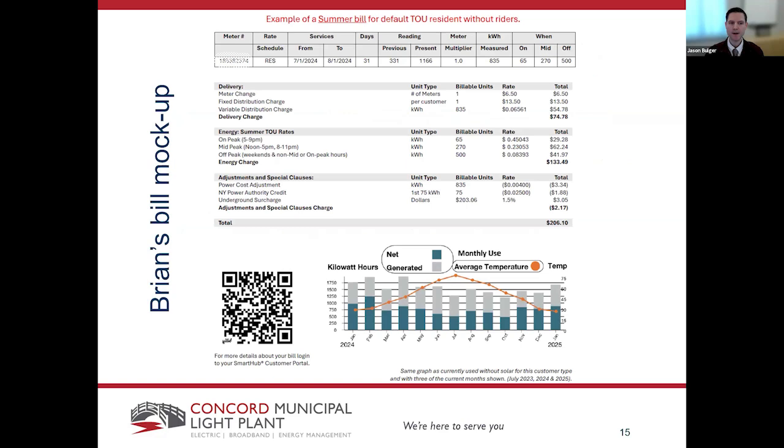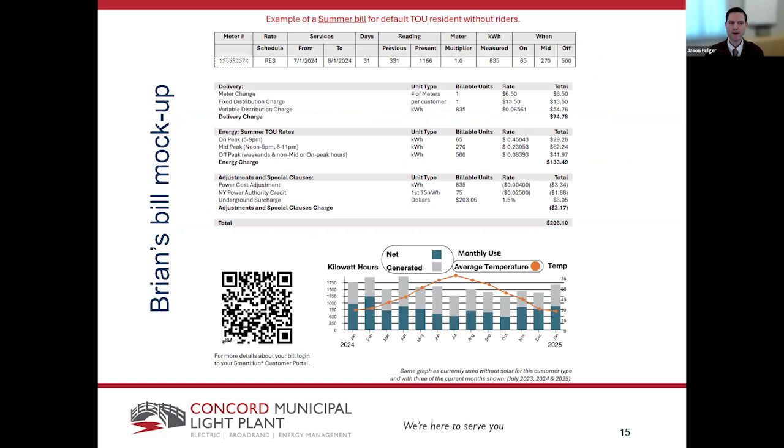And based on previous conversations with the board, I separated out the meter fee. So you see the 650 and the 1350 add up to the $20 meter fee that we collect today. So if someone has a second meter installed, you get two billable units, and that becomes $13 instead of just 6.50.